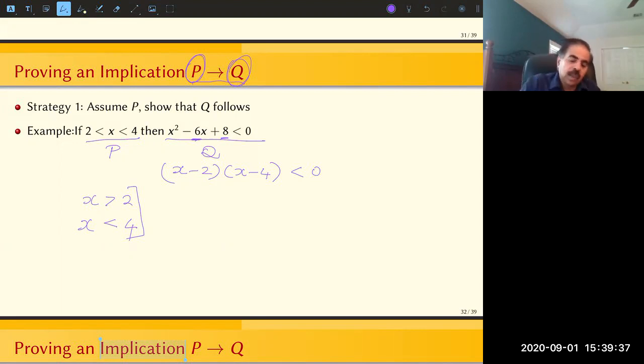If x is greater than 2, that means x minus 2 is going to be positive. So assuming P, x greater than 2 says this is positive, and x less than 4 says x minus 4 is going to be negative.